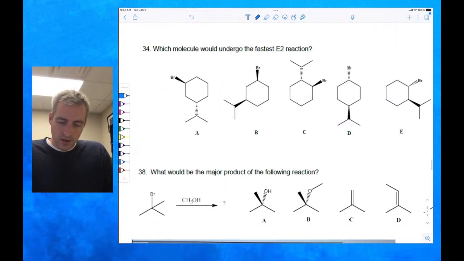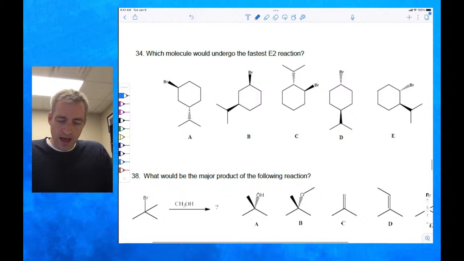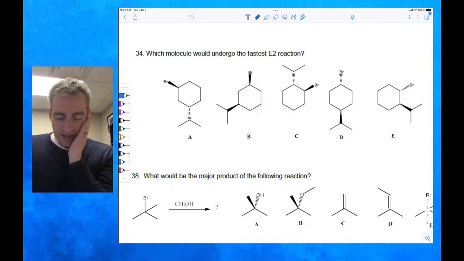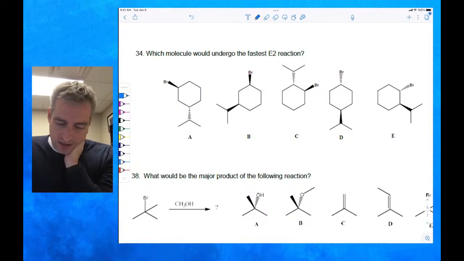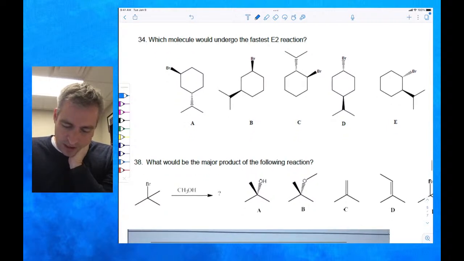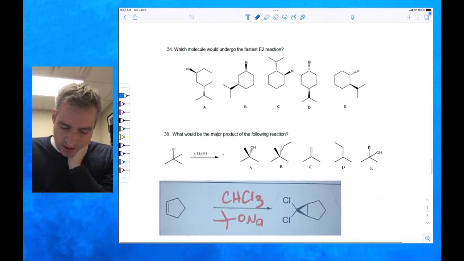All right. Which molecule would undergo the fastest E2 reaction? Oh no. Okay, all of these are secondary alkyl halides, and all of these are cyclohexane ring structures. I wish I left myself some more space.